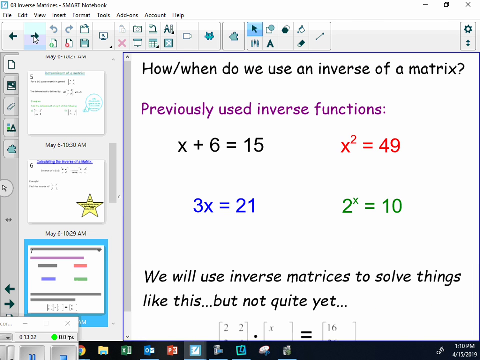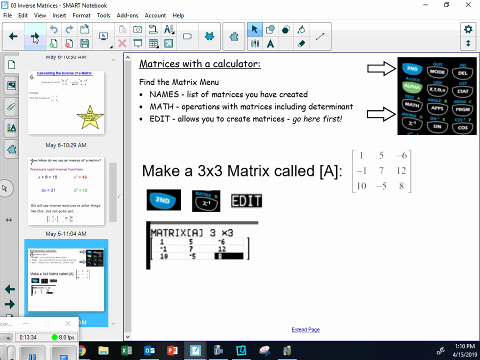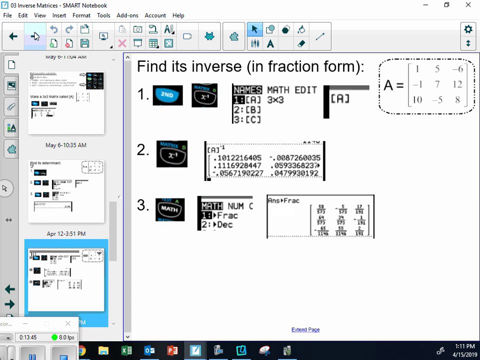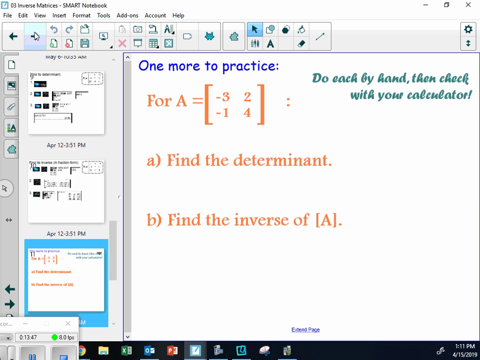Next, there's a good one here. This one. I want to put this into your calculator and find, no, wait, I'm wrong. That's not it. My bad. The determinant and the inverse. There we go. There's the good follow-up finish.